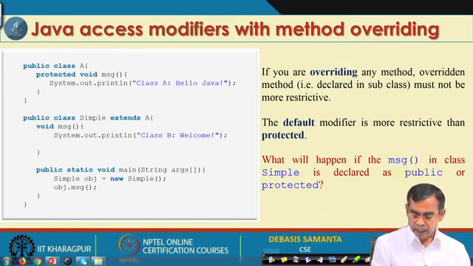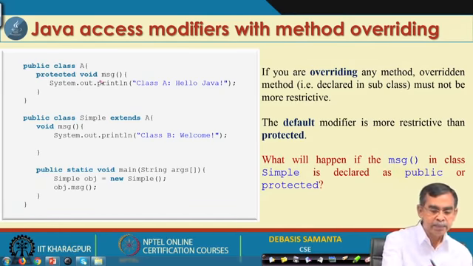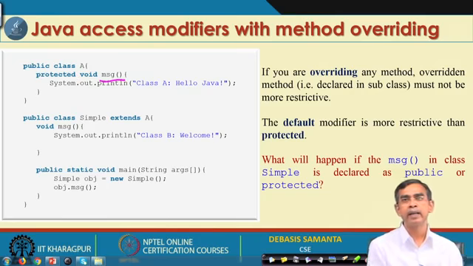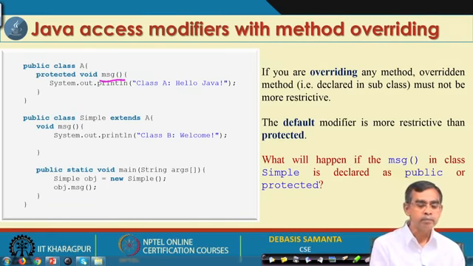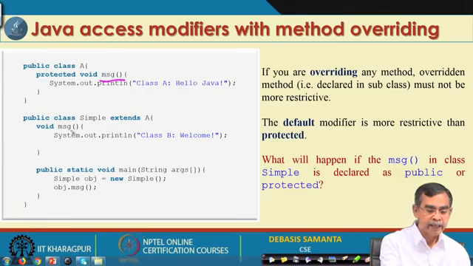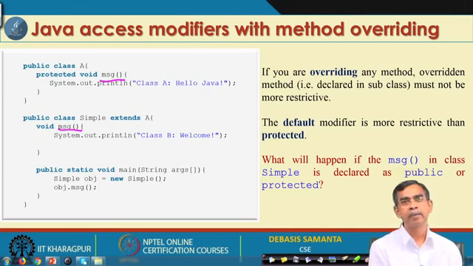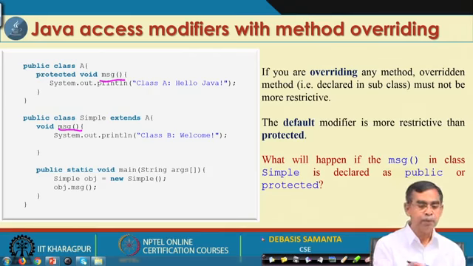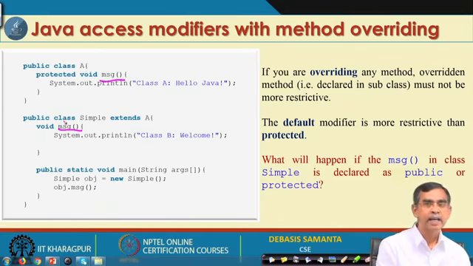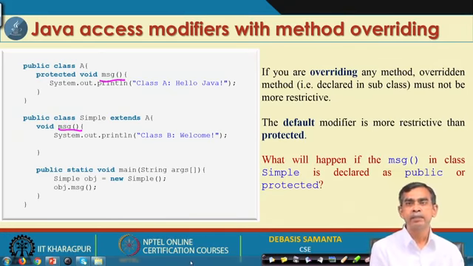Here we see that this method is declared as protected in class A, and again the method is overridden here in the subclass. So, if it is protected and it is a subclass of that, overriding is possible.